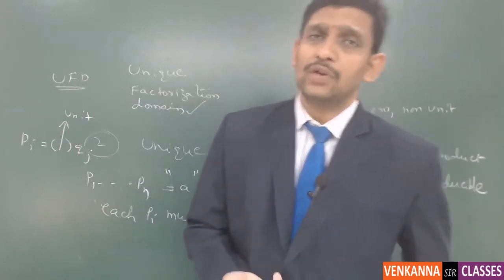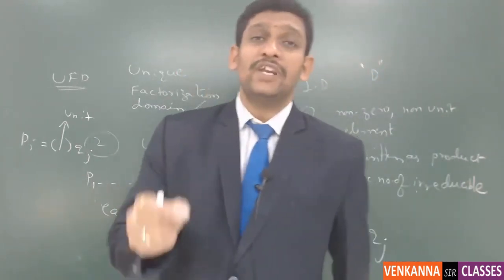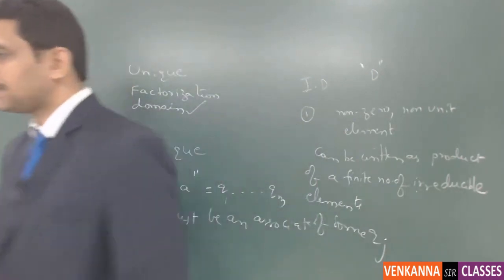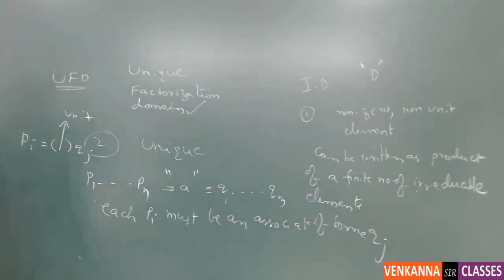Because if you talk of a field, every element will possess the multiplicative inverse. Accepted? Yes or no? In a field, every non-zero element will possess the multiplicative inverse. Right.